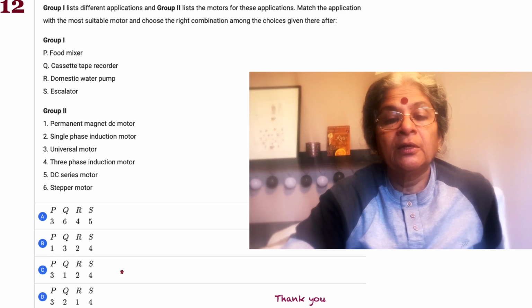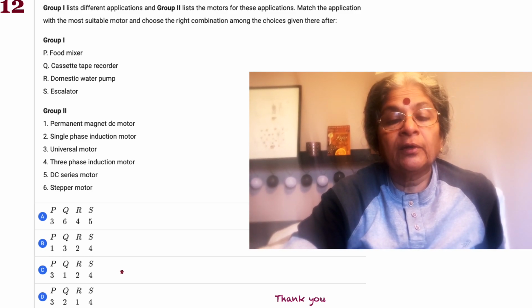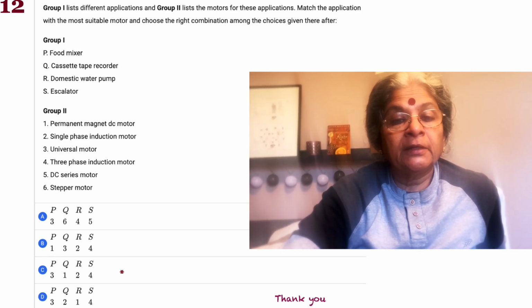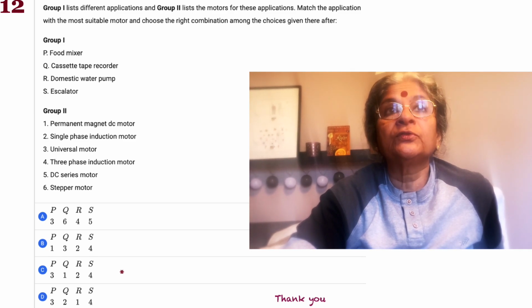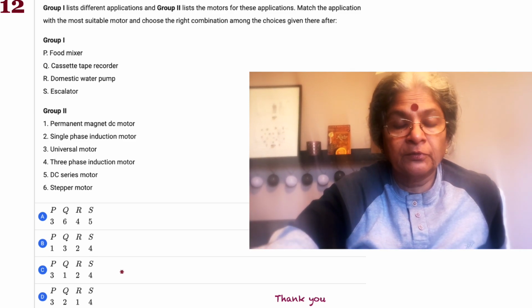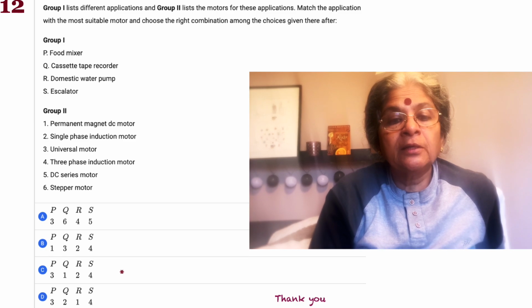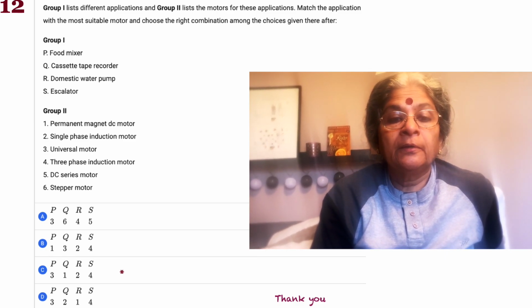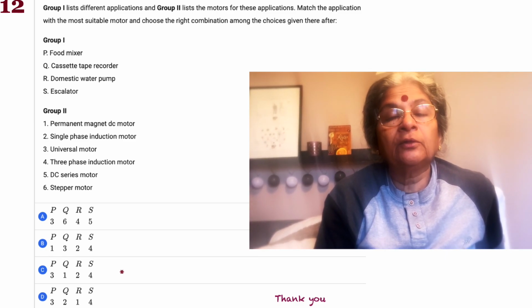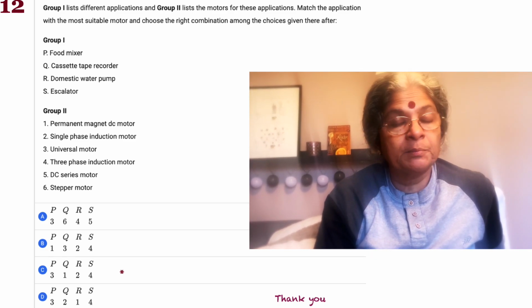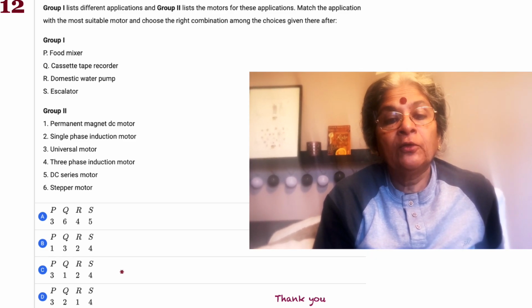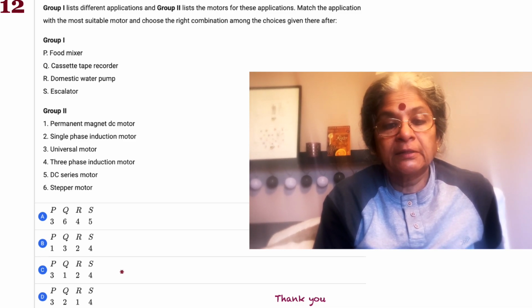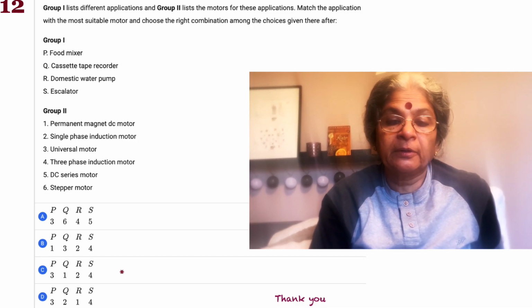Let's see what the escalators are using. Escalators generally use three-phase induction motors, because they are general purpose and supposed to carry many people. You could have used a DC series motor, but constant speed is required, so the DC series motor fails there. So three-phase induction motors are the best. All said and done, option C seems to be the best.